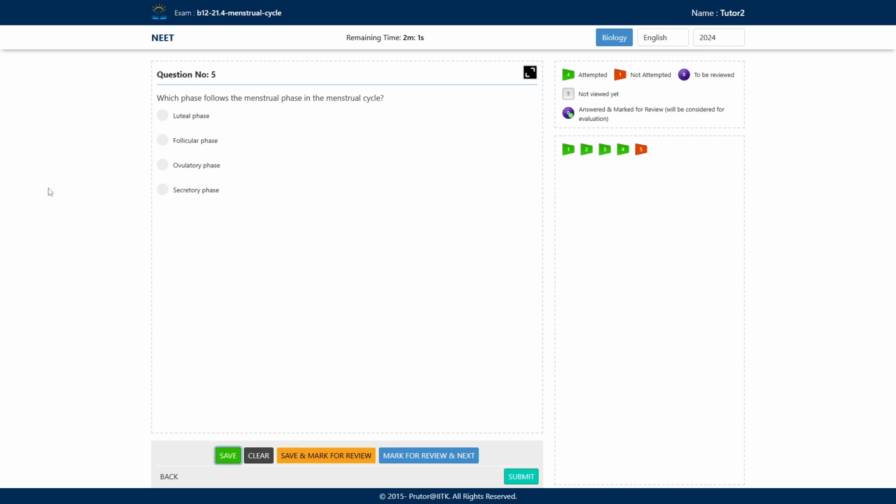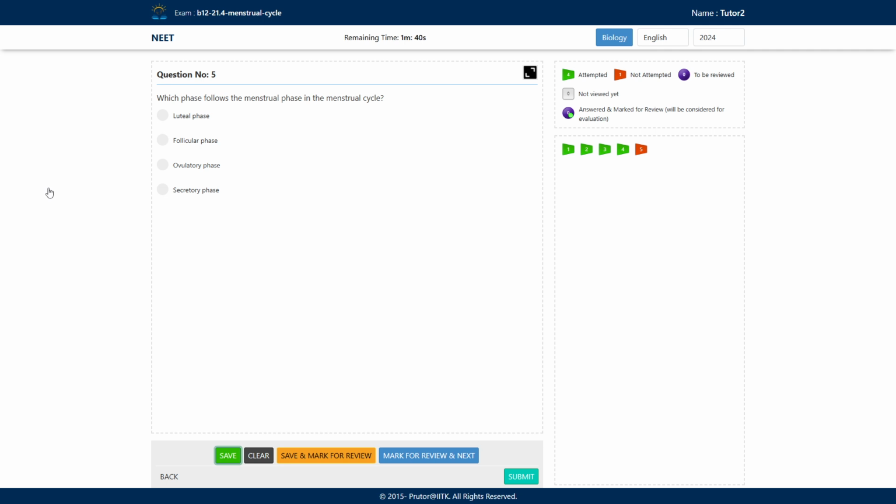Then which phase follows the menstrual phase in the menstrual cycle? After the menstrual phase, what is the next phase? Or the menstrual phase is followed by which phase?